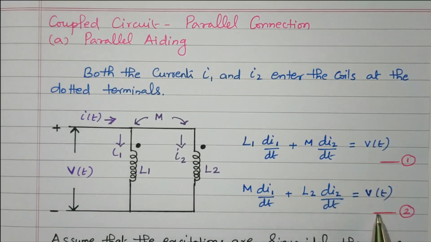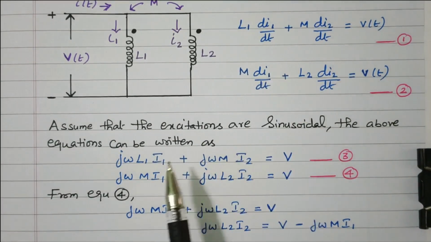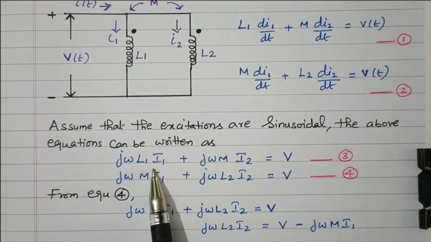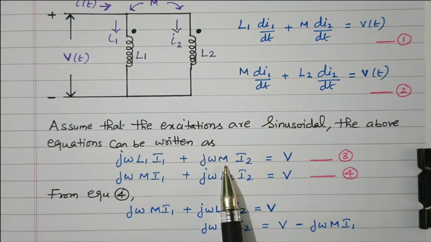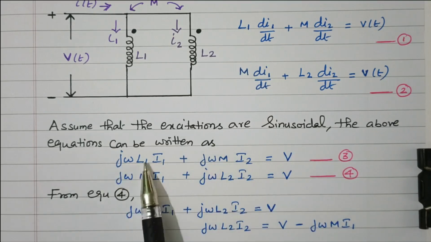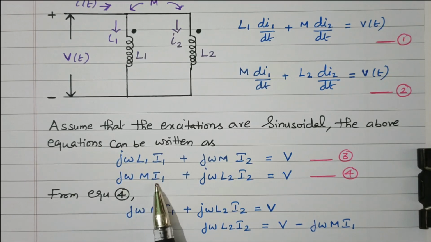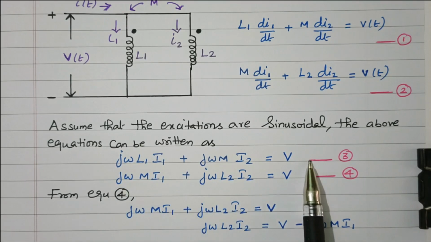We take these as equation 1 and equation 2. The same thing we can write in sinusoidal form, since the excitations are sinusoidal. Equation 1 can be written as j omega L1 I1 plus j omega M I2 equals V. Similarly, equation 2 is written as j omega M I1 plus j omega L2 I2 equals V. We take these as equation 3 and 4.